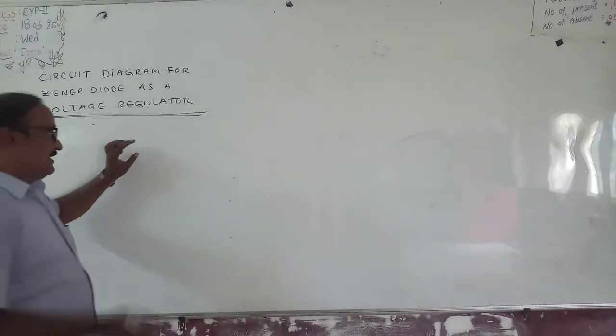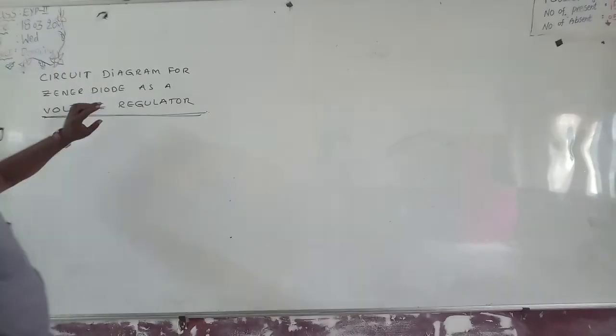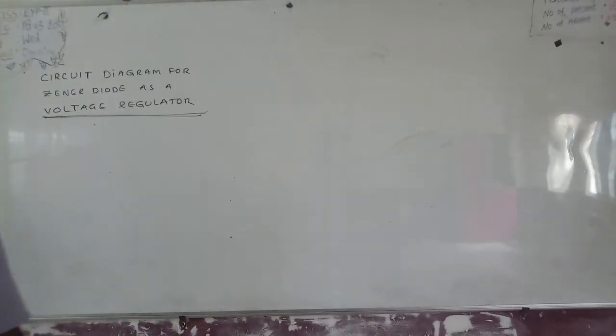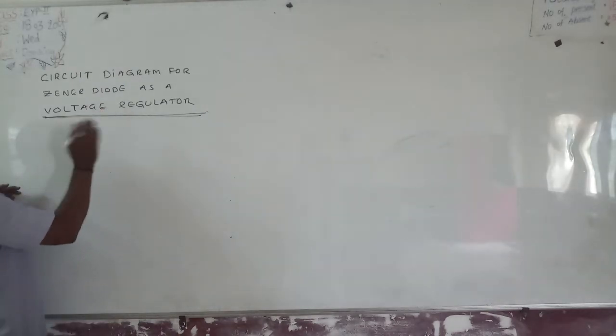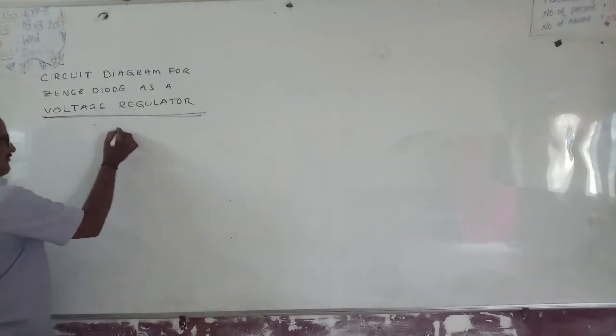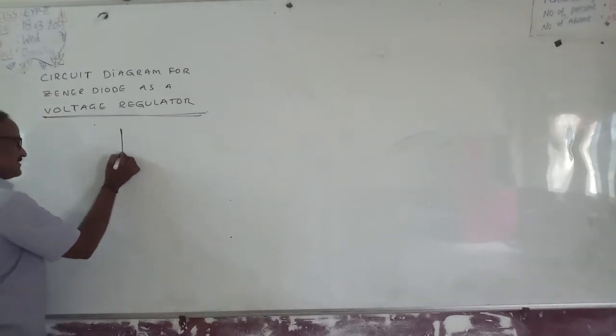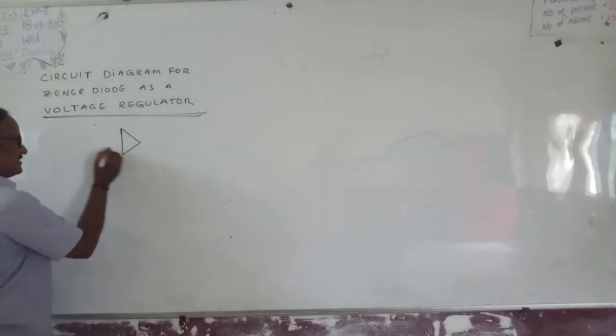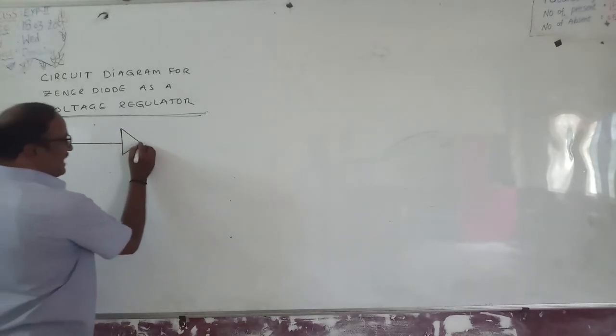Here I will explain how the Zener diode acts as a voltage regulator, but before we discuss it, what is the symbol for the Zener diode? The symbol of an ordinary PN junction diode is represented as a straight line with an arrow mark.